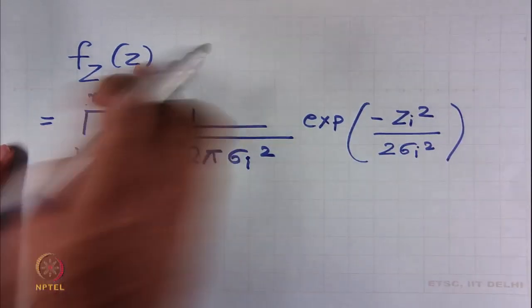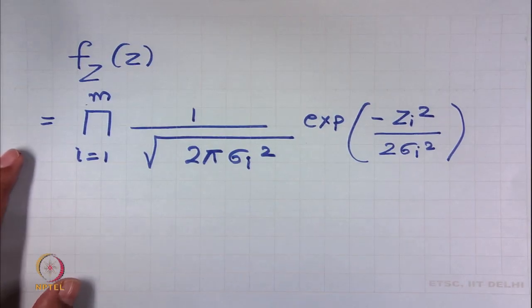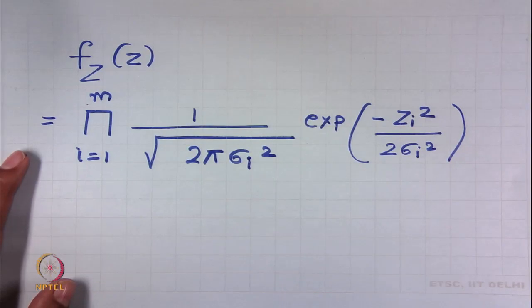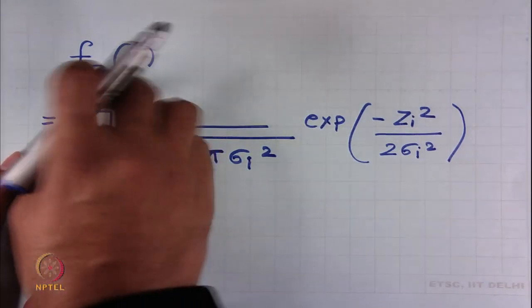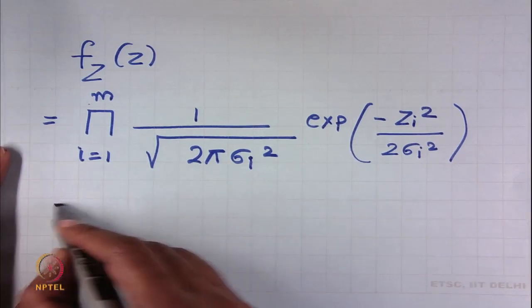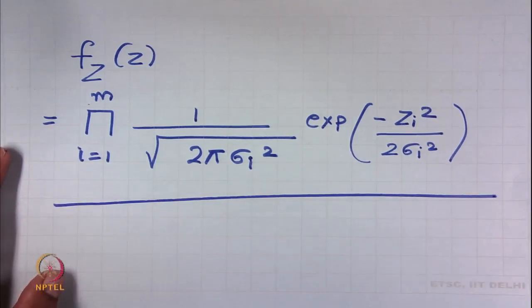So, the joint probability density function of a Gaussian random vector Z, when the elements of this random vector Z are uncorrelated, is computed to be like this.